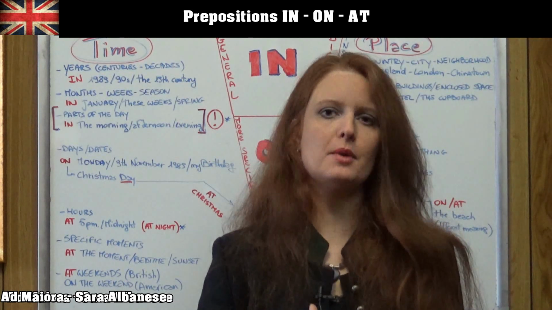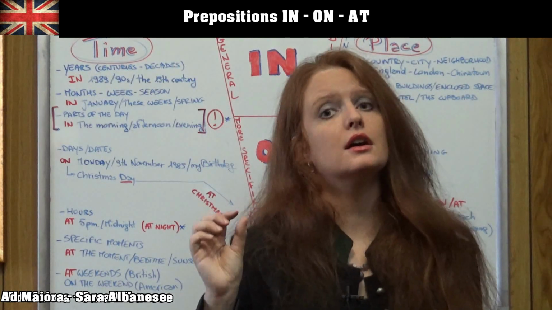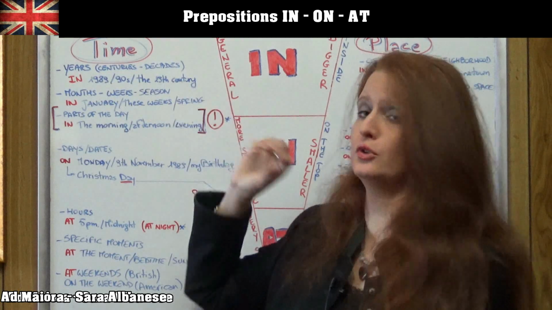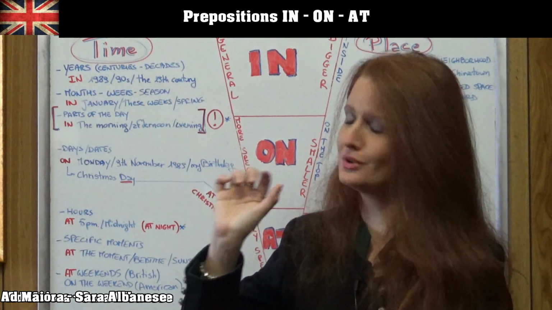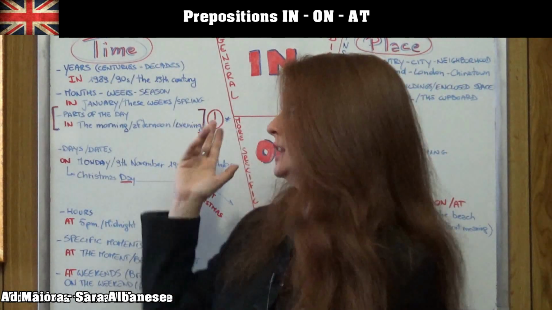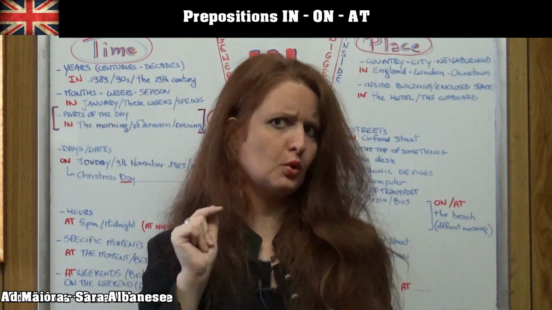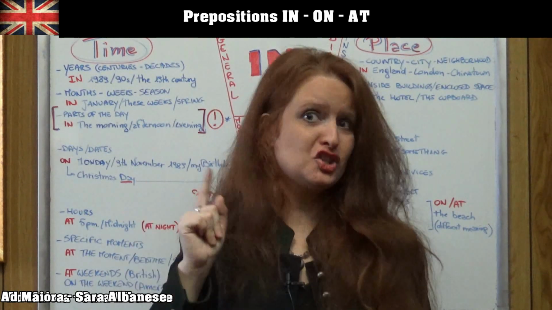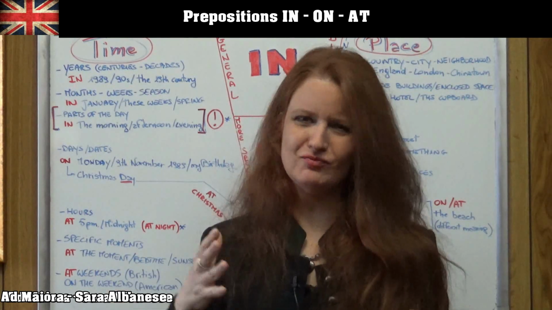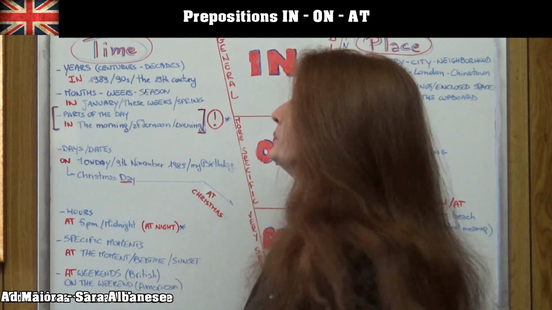In is my preposition, then the article because I've got an ordinal number, and then I write it, writing down the cardinal part of the number and then the final two letters of the ordinal number, so th in this case, in the 19th. Also in this case, if you don't remember ordinal numbers perfectly, just go and check that video I was talking about before, about dates, because I explained it in detail how to create an ordinal number from a cardinal one.